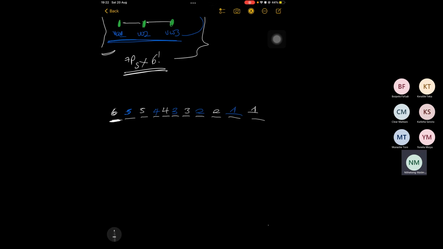Will it be correct? So as it seems now, it's going to be 6 times 5 squared times 4 squared times 3 squared times 2 squared.